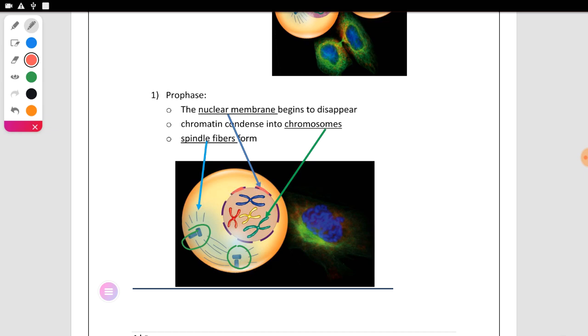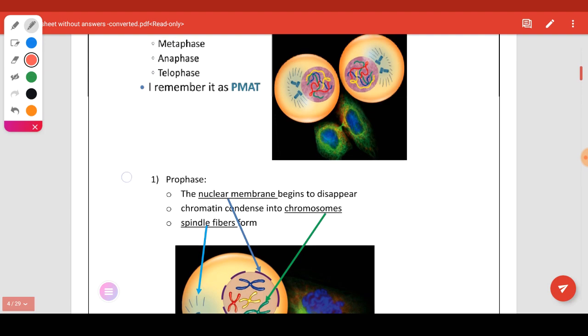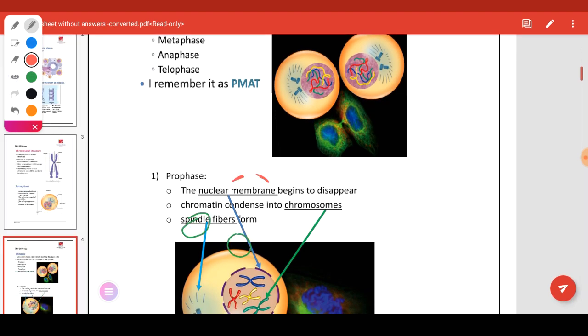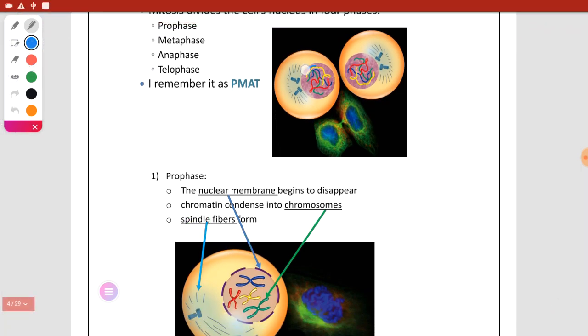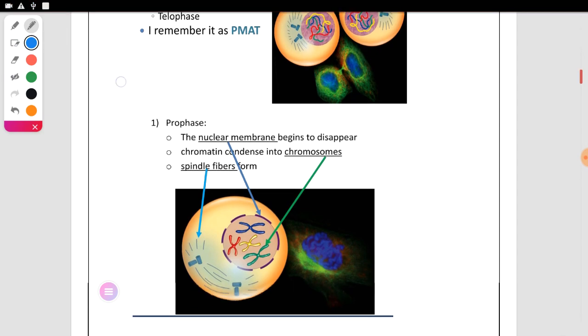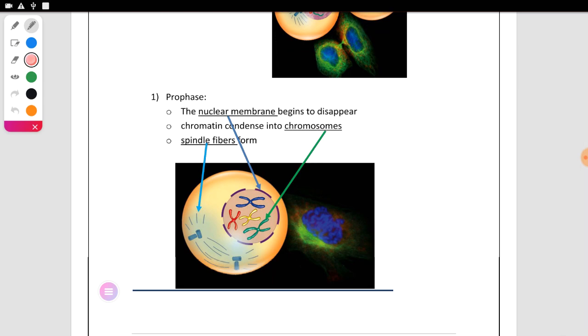If you compare it with the cell above, you can see the nucleus as a complete circle, right? But in the prophase, the nuclear membrane disappears or begins to disappear. This is the first thing that happens in the prophase.